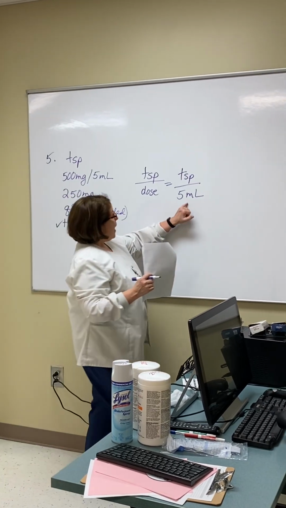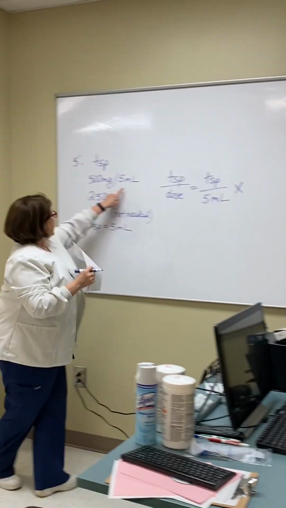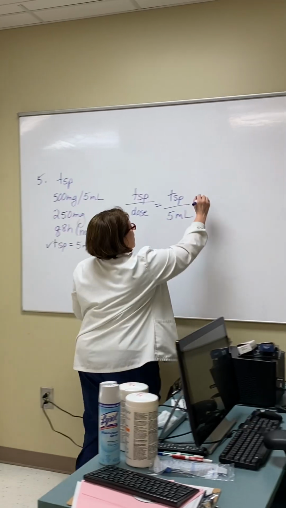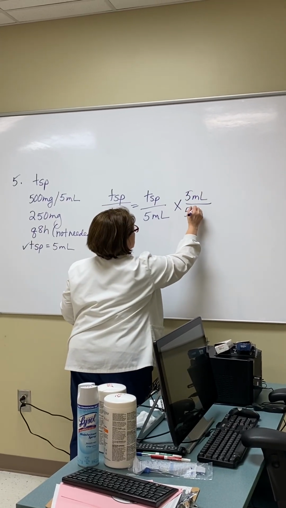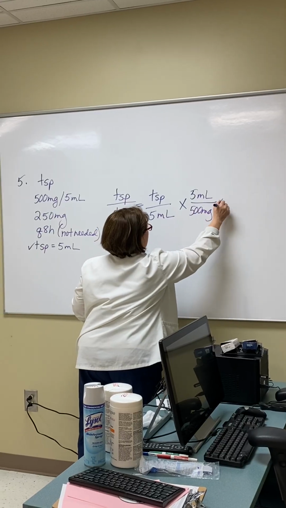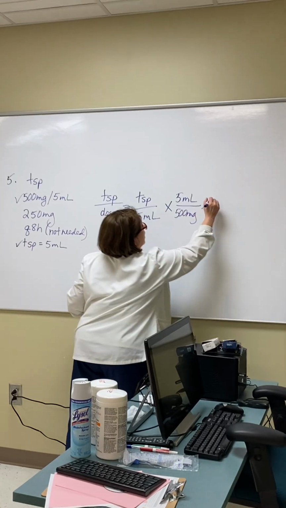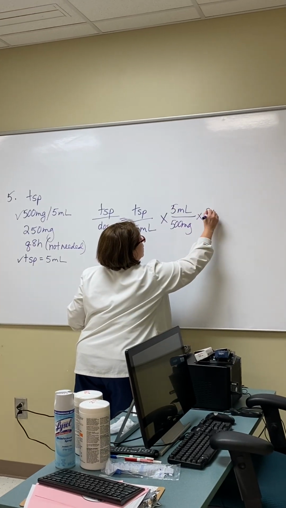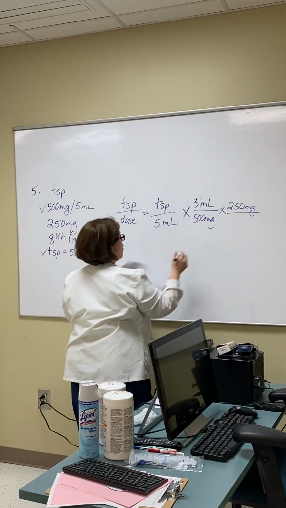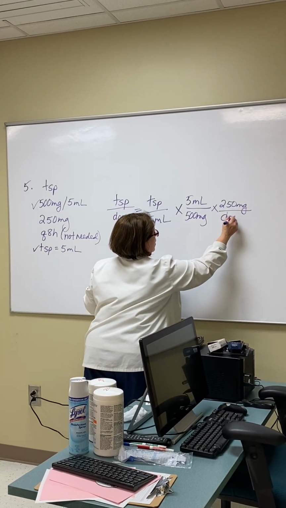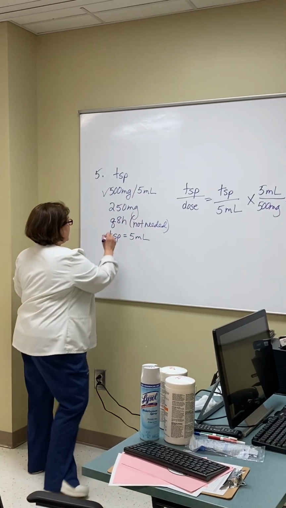Now, I have to have a match with mLs. So I look over here and there's an mL. 5 mLs over 500 milligrams. All right, I've used that. I need another milligram. Well, there it is, 250. Diagonal match, 250 milligrams per dose. And that's how you set up this problem. I do not need this.